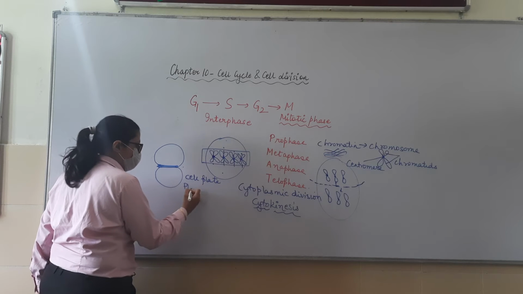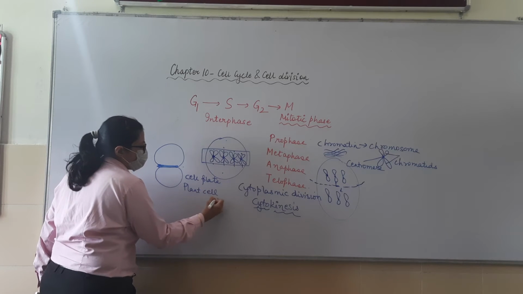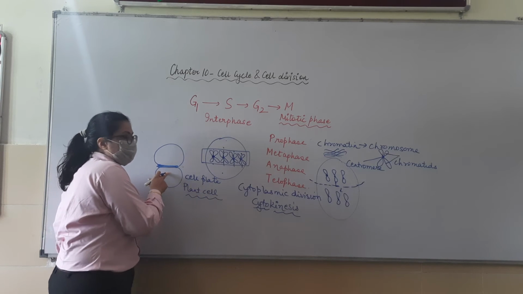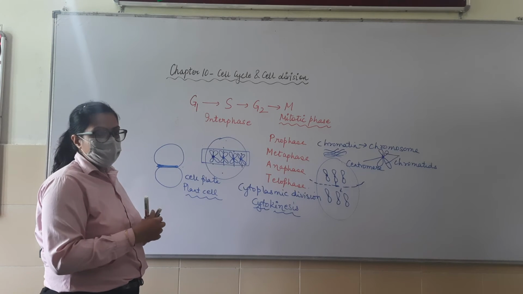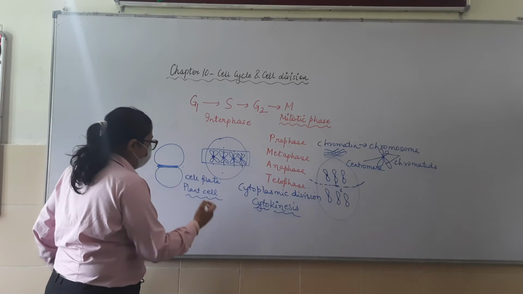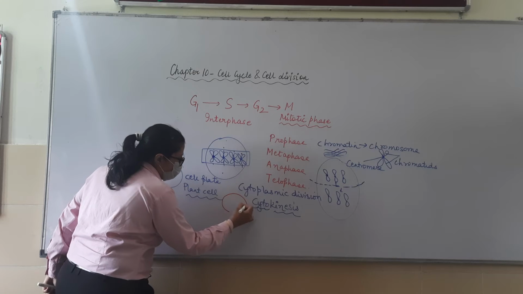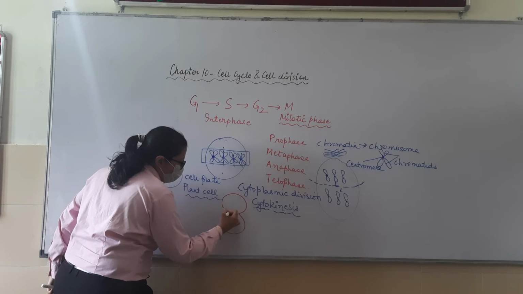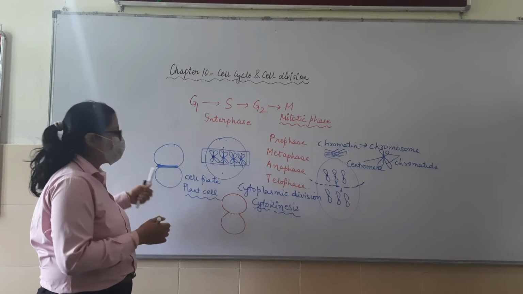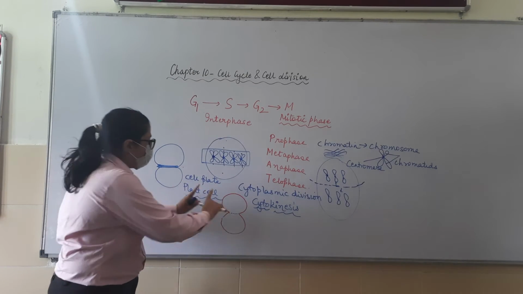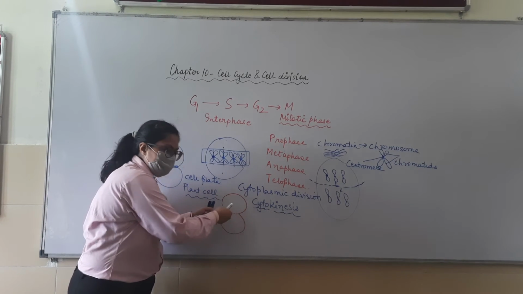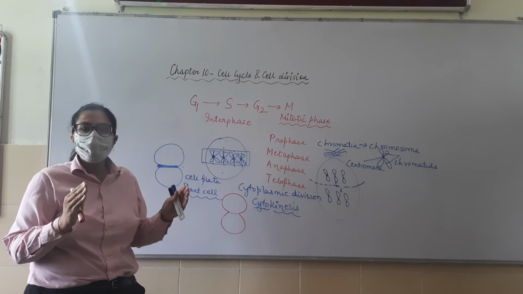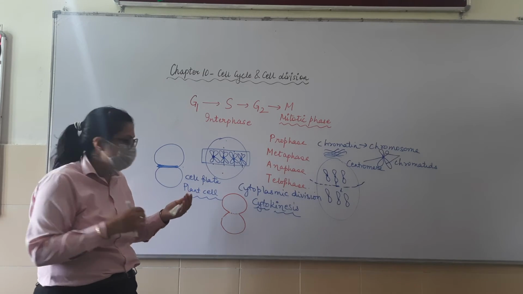So in the case of plant cell, there is formation of a cell plate. Now if I talk about animal cell, how is it different? In animal cell, a furrow is formed. Now what is a furrow? Instead of a cell plate forming in the middle, this is how the cytoplasm will divide and make two daughter cells.